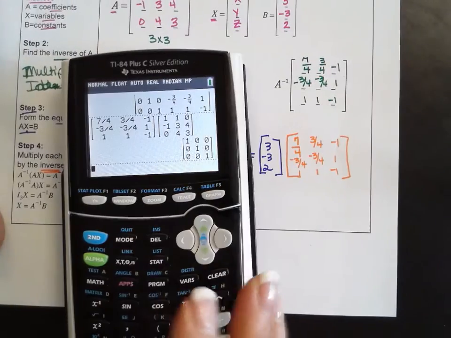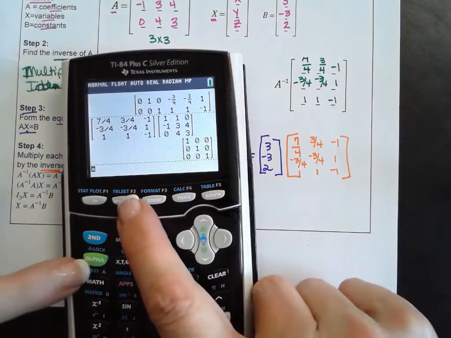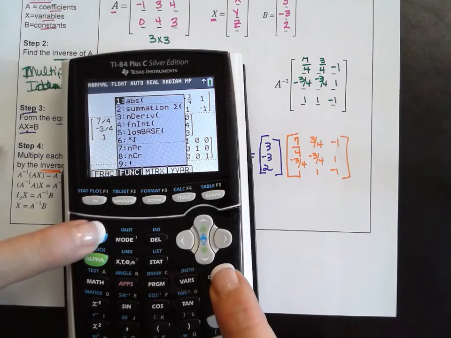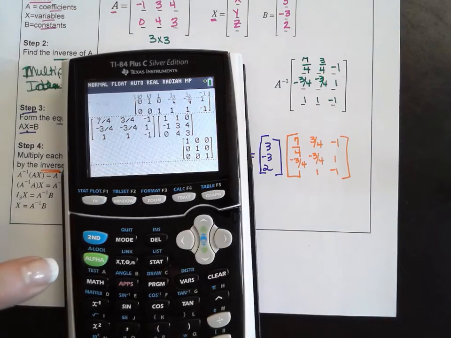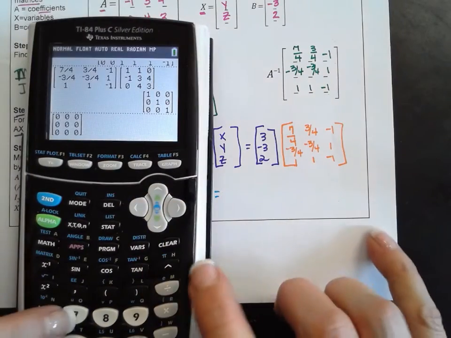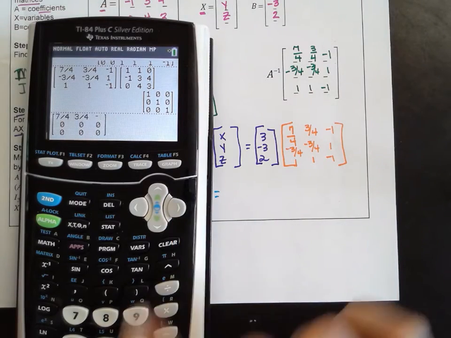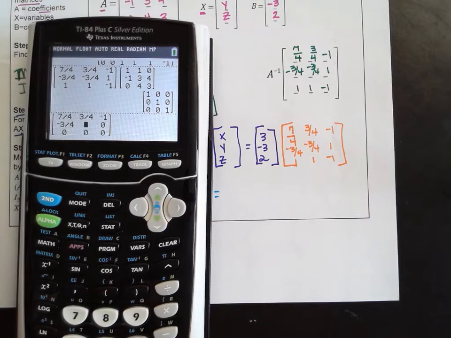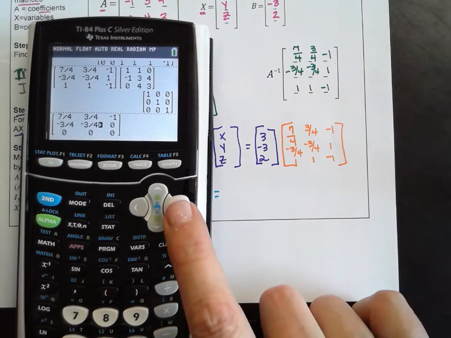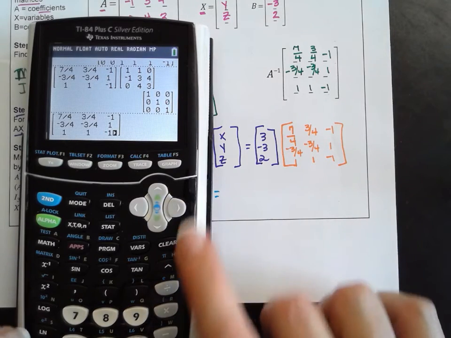Okay, now I need to multiply the second side. So I have my 3 by 3 again. So 7/4, 3/4, -1, -3/4, -3/4, and 1, 1, 1, and -1.